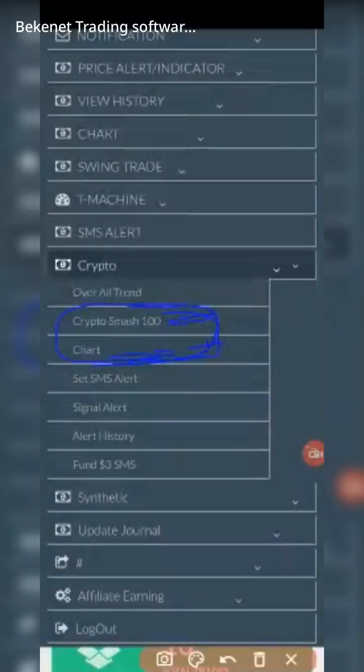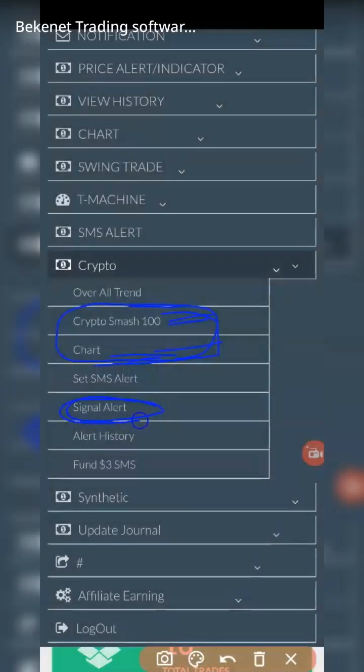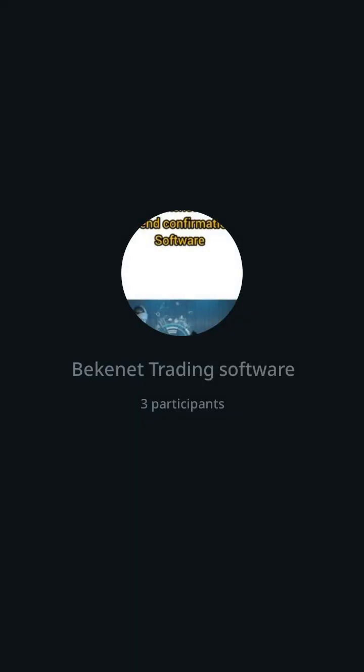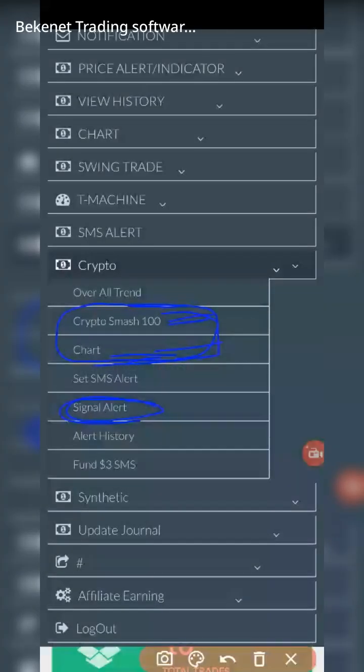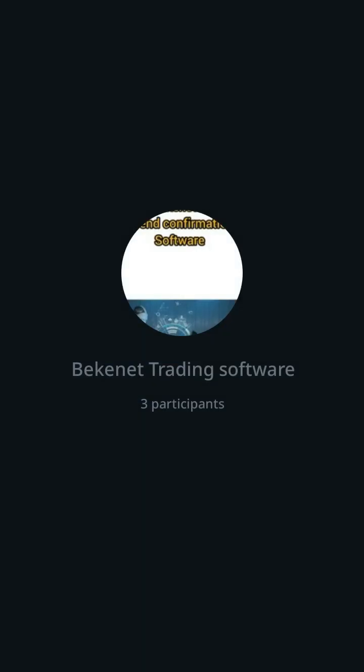This signal service you're seeing here comes from SMS notification, and we cannot give you something for free and still be paying for SMS. It's not done. You understand? If you want to be receiving SMS, you have to fund your wallet so that you can program it in such a way that if you see 0 candle, 1 or 2, you receive an SMS alert on that.